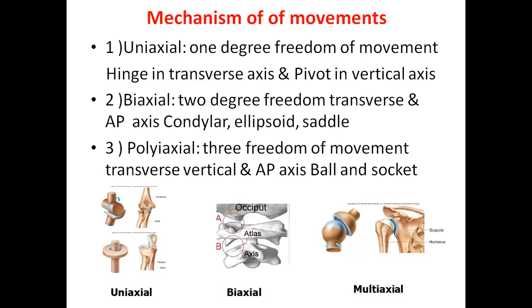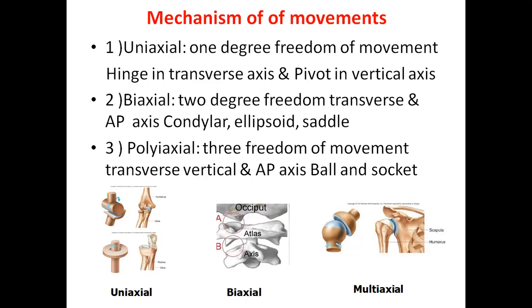Here, the range of movements is greater than uniaxial joints. Examples of such type of joints are condylar, ellipsoid, and saddle varieties.